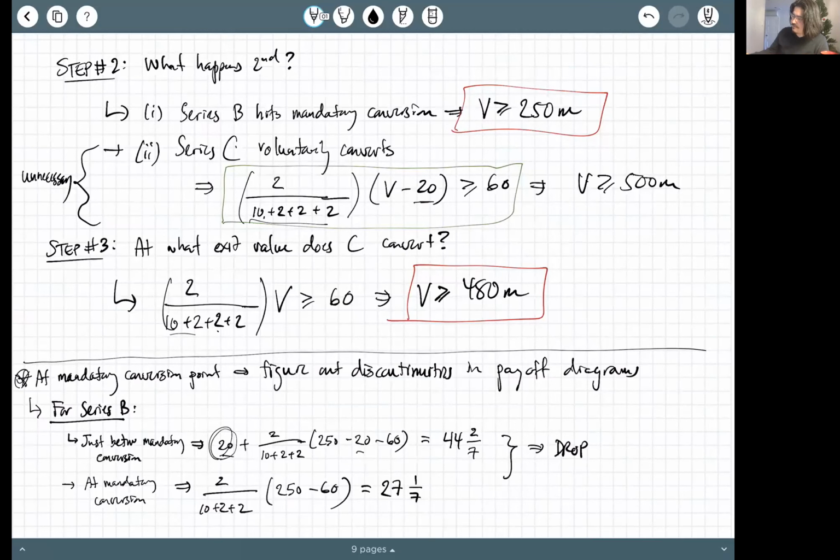Right? The difference between these two numbers is equal to 17 1/7 million. This is a dramatic drop in the payoff for Series B. So the company's exit value improves, but there's a substantial negative impact to the payoff of Series B.